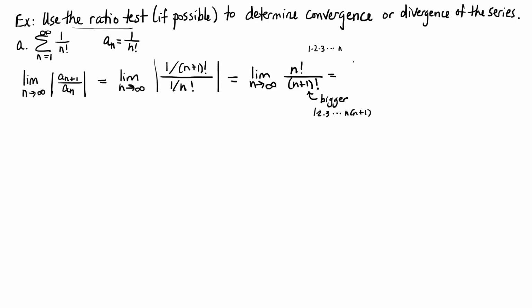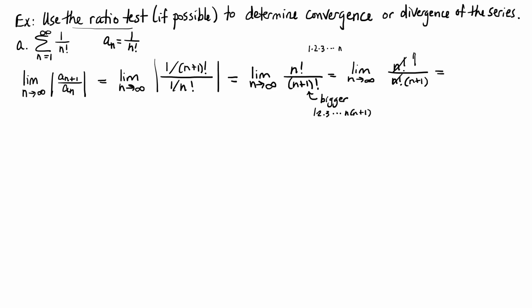Another way of saying that is this is the limit as n goes to infinity of n factorial over n factorial times n plus 1, that extra term. So these divide out, leaving 1. So the limit as n goes to infinity of 1 over n plus 1.